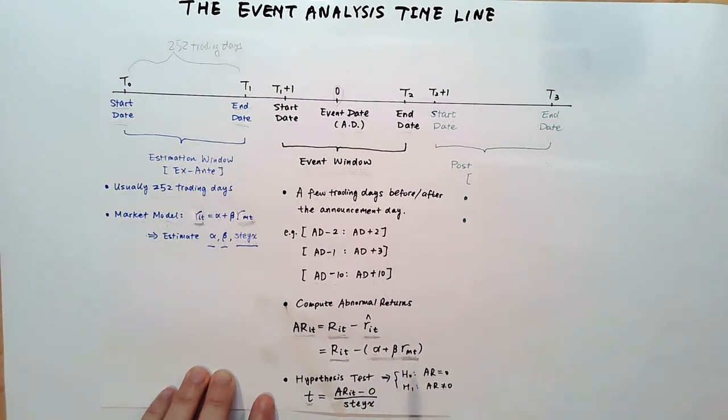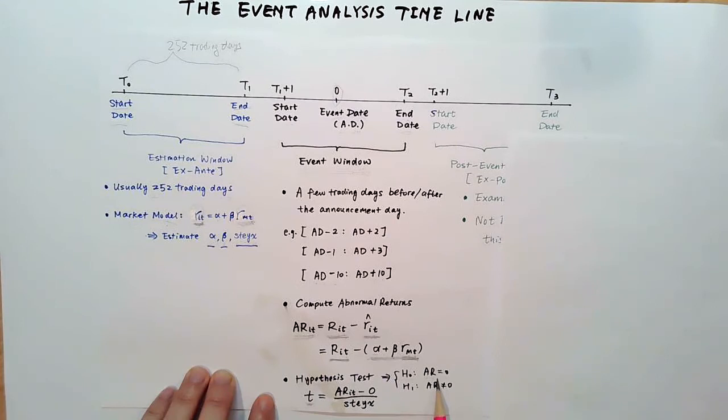Okay, once you have computed the abnormal return, the next step is to conduct a hypothesis test to test whether the abnormal return is 0. In the null hypothesis, you assume the abnormal return is 0. When the abnormal return is 0, that means there's 0 impact on the actual return of the company.